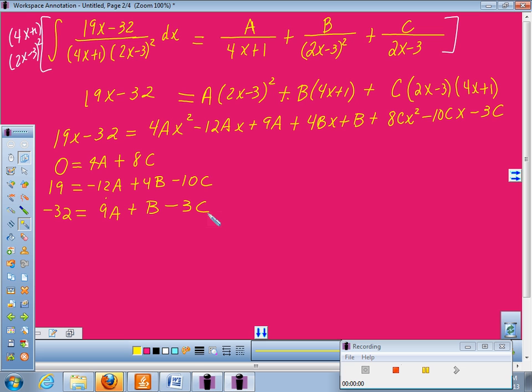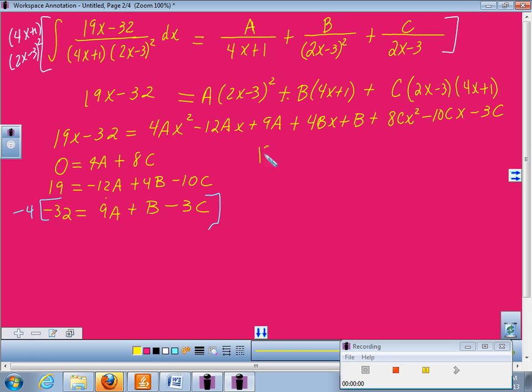So we're taking the bottom one times negative 4. If I take that times negative 4, I'm leaving the 19 equals alone. And I got to take the bottom one times negative 4, which would make a positive 128 equals negative 36a, negative 4b, and positive 12c.